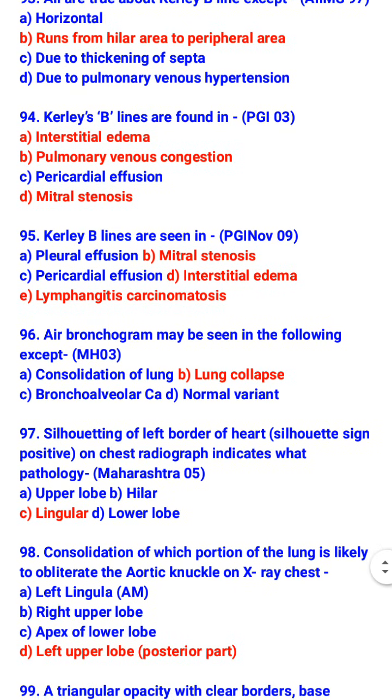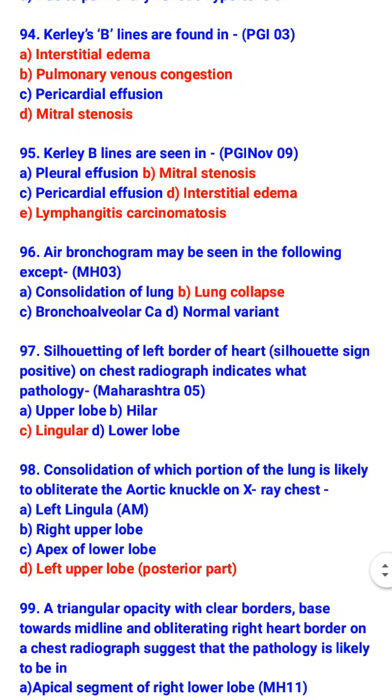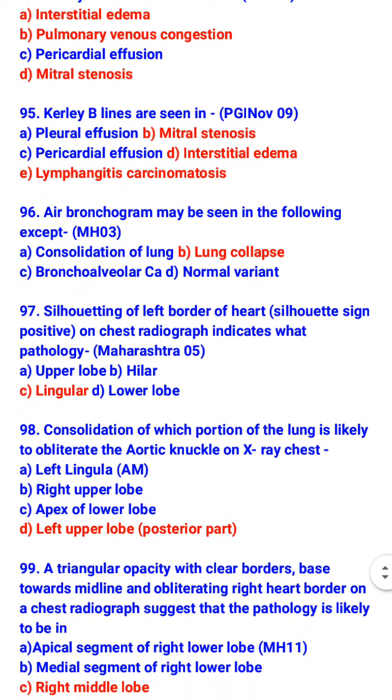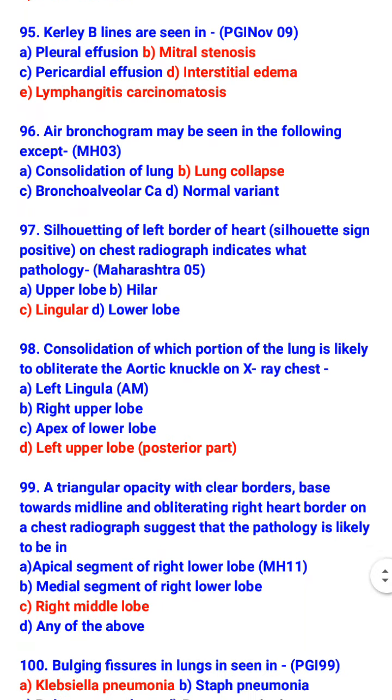Air bronchogram may be seen in the following except lung collapse. So air bronchogram can be seen in consolidation of lung, bronchoalveolar carcinoma, and normal variant. Silhouetting of left border of heart: silhouette sign positive on chest radiograph indicates which pathology? Lingular pathology.